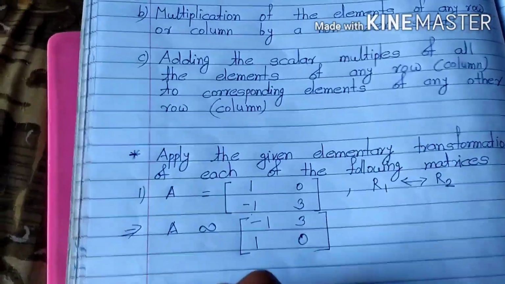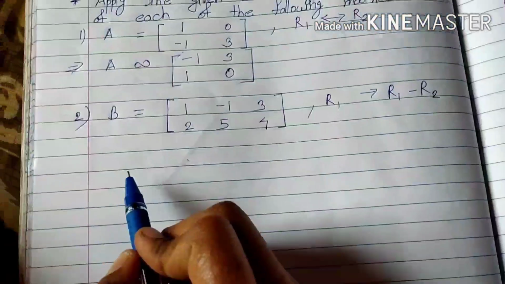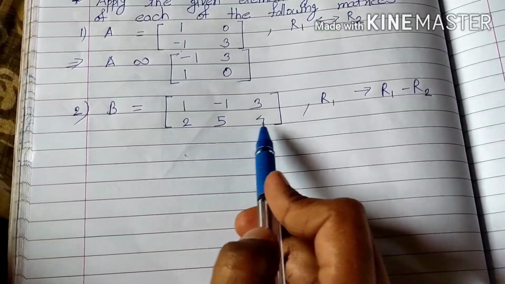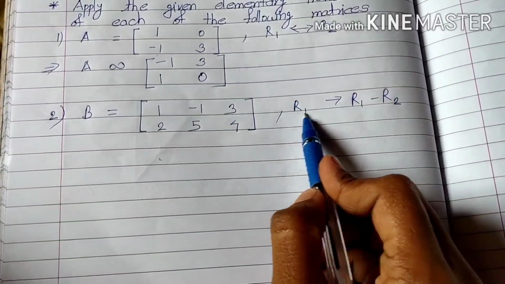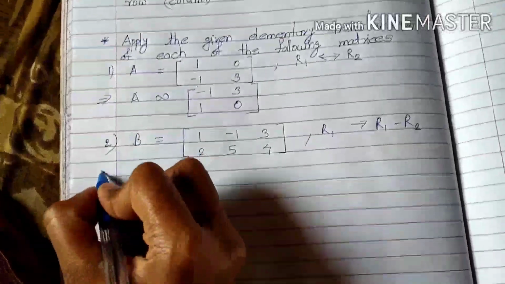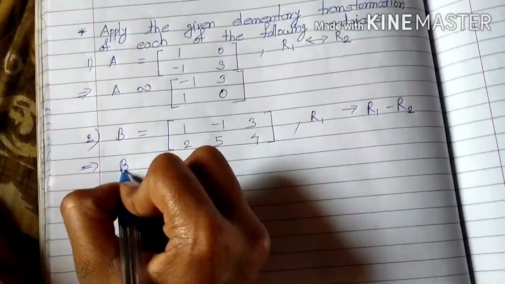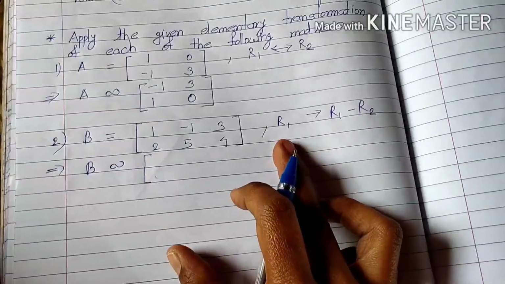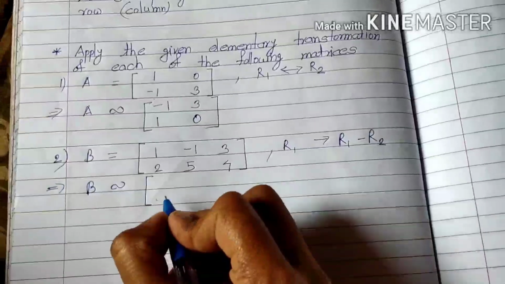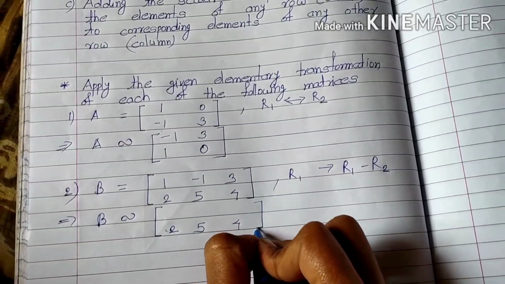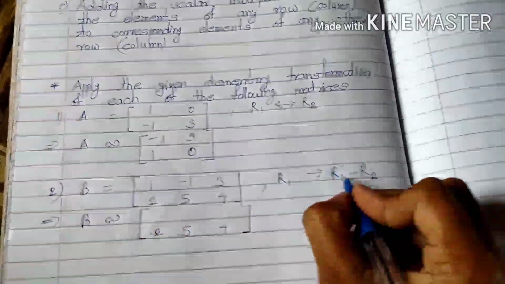Next example, B is equal to 1 minus 1 3 2 5 4, and the operation is R1 changes to R1 minus R2. So the answer is B is equivalent to. Here we have to change R1, so keep R2 as it is, and R1 changes to R1 minus R2.